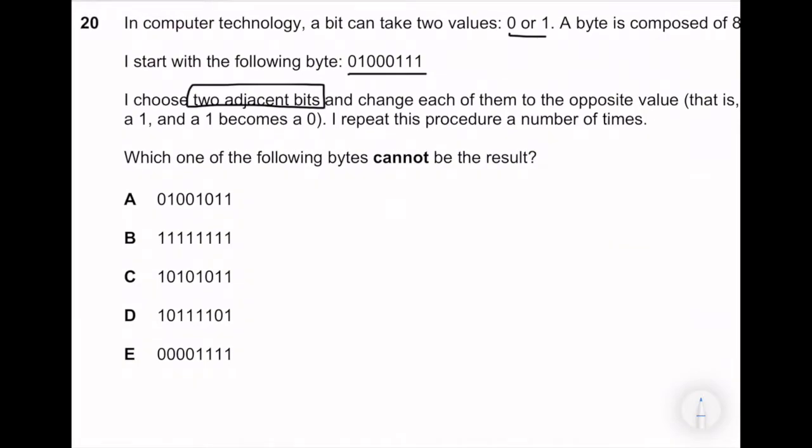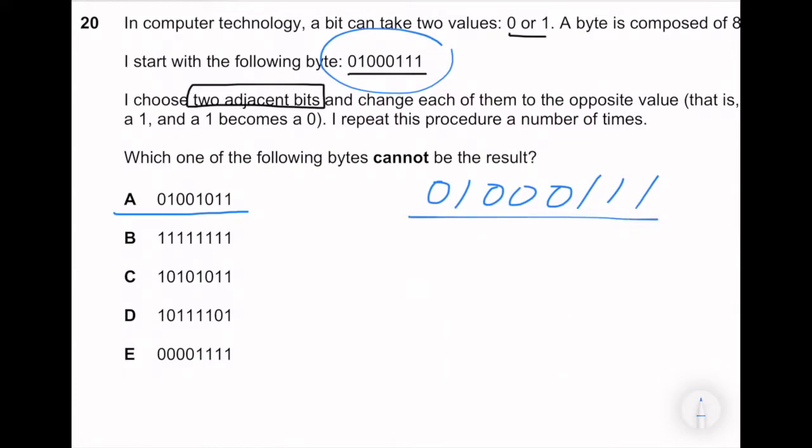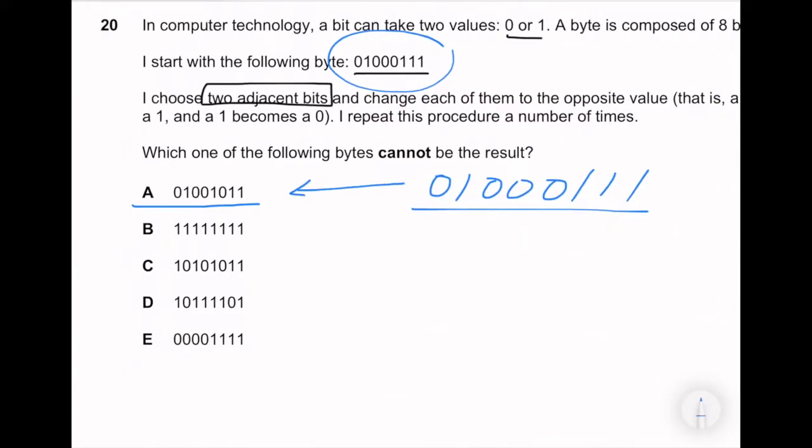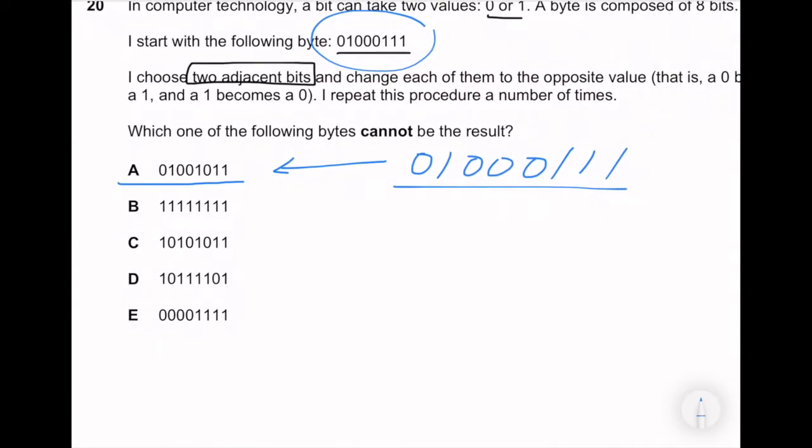So let's try A first. Let's start with this byte here: 0, 1, 0, 0, 0, 1, 1, 1. How can we get from this number to answer A? Well, let's see which digits are wrong. It looks like the 5th digit and the 6th digit are wrong, because this is supposed to be 1, 0.